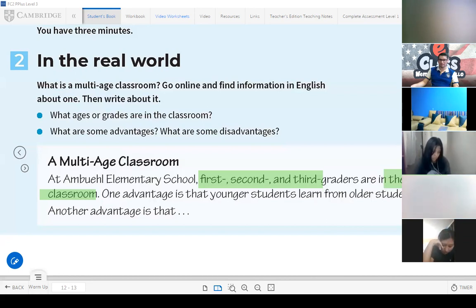What do you think? Because this multi-age classroom is something that some people are using now to educate young learners. It has some advantages and it has some disadvantages.